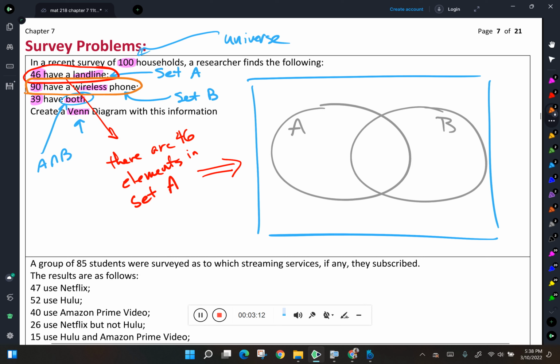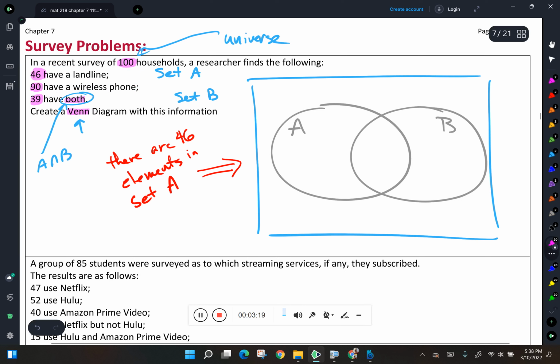So what we're really hoping for is a piece of information to be given to us, and I'm going to get rid of some of this extra stuff that I don't need over here, that can tell me about not a couple of regions, but just one region in the Venn diagram. And luckily for us, we have that right here. We have that 39 people live there.